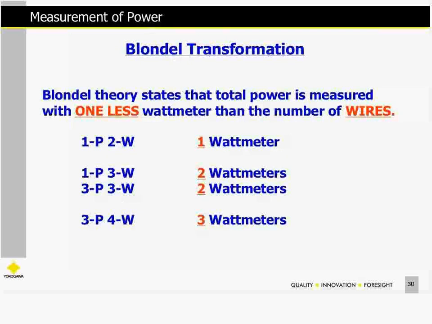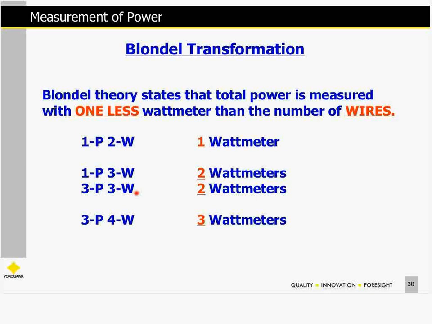Now, Blondel's theory states that total power is measured with one less wattmeter than the number of wires. So let's go back and see what we've done. On a single-phase 2-wire system, very simple, we used 1 wattmeter. On our single-phase 3-wire system that we just did, we used 2 wattmeters.